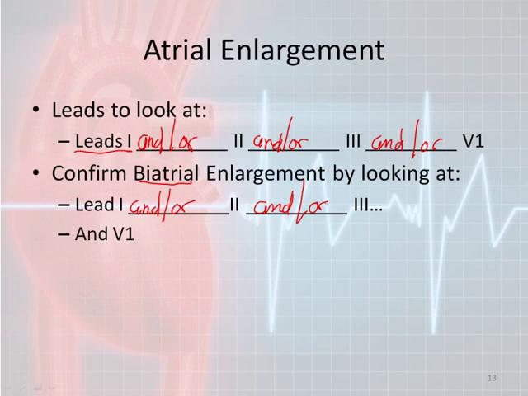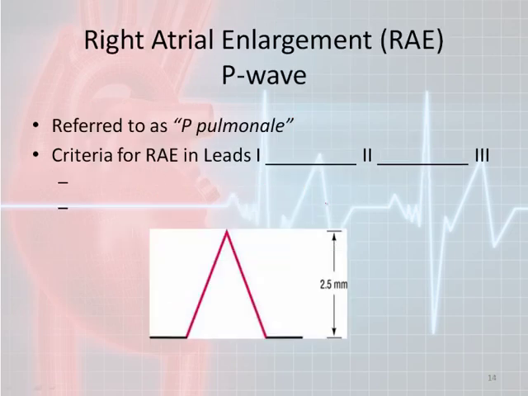Let's go ahead and look at the right atrial enlargement. Right atrial enlargement is referred to as P pulmonale, and the criteria is that you, once again, look at lead 1 and or lead 2 and or lead 3. The reason you're only looking in these 3 leads is because right now we're only looking for a particular P wave pattern.